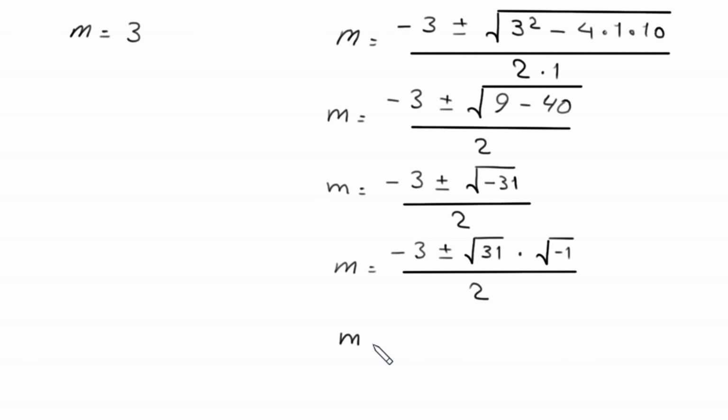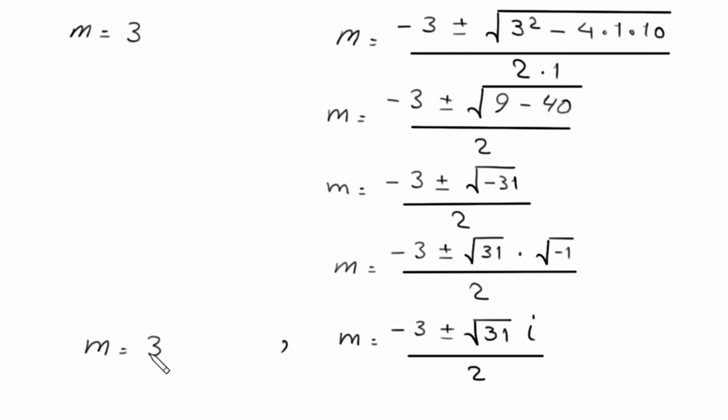Next, m is equal to negative 3 plus minus square root of 31, this square root of negative 1 is i, divided by 2. And first we found the value of m is equal to 3.